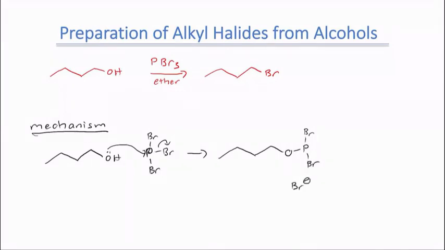That bromide ion that got kicked out then goes and attacks the carbon where that positively charged oxygen is attached to. The electrons then move to make a double bond between the phosphorus and the oxygen. And then this again would be our leaving group, which gives us our alkyl bromide. And P, Br, Br, O, H.